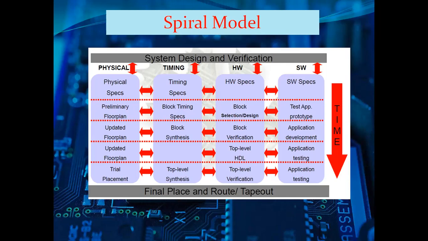So this is an aggressive design approach. Okay, relative to the waterfall model, which was used, wherein the algorithms for subblocks, the specifications, the software, the timing budget, they run in parallel, and finally they are integrated and verified as a system.